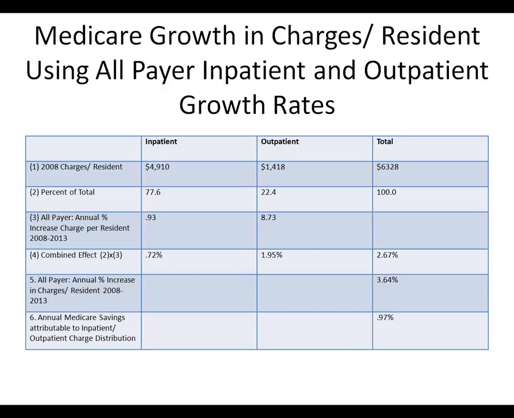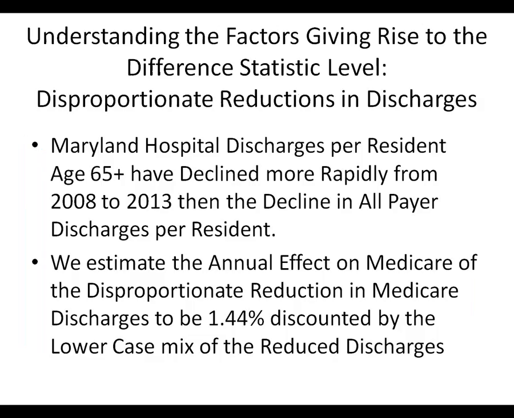Okay, next page, please. Now, the second factor, which is also very important in explaining the difference statistic, is the disproportionate reduction in discharges for Medicare beneficiaries versus all payers over this 5-year period.